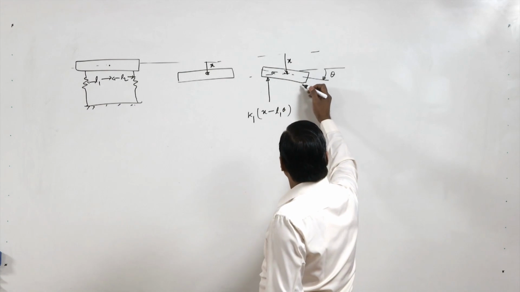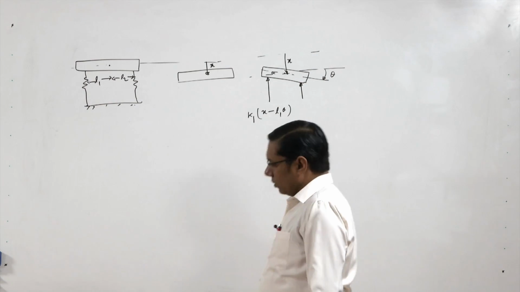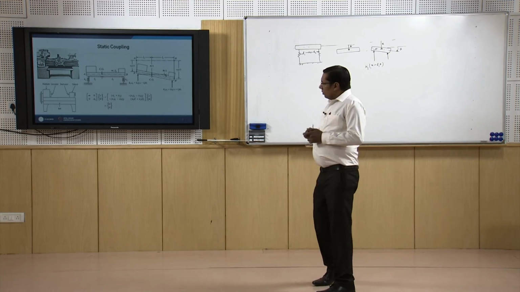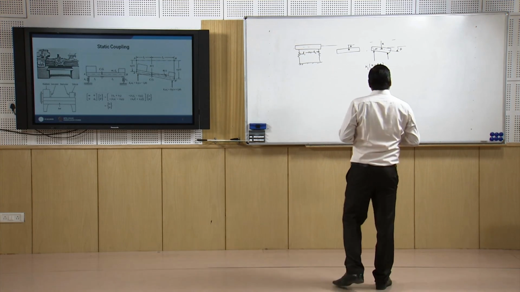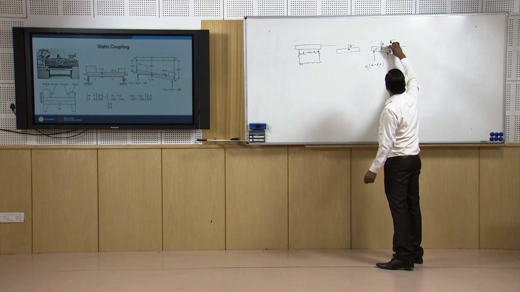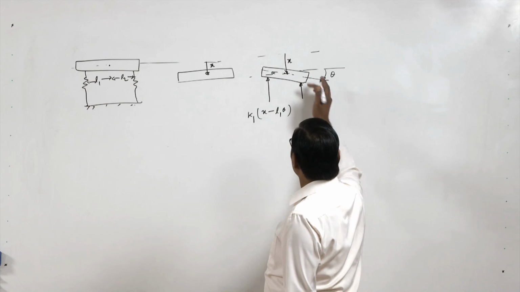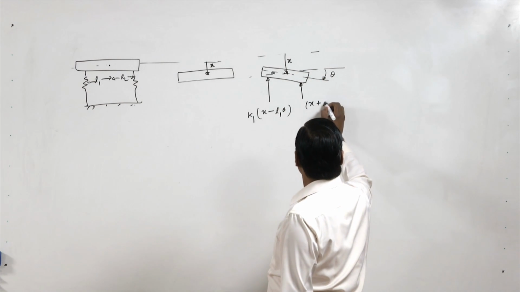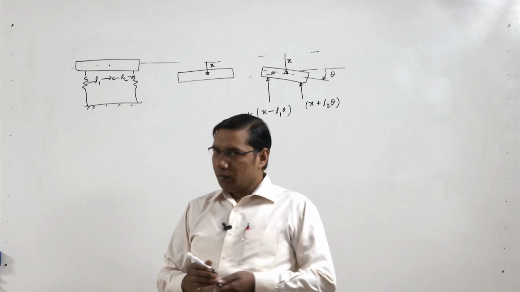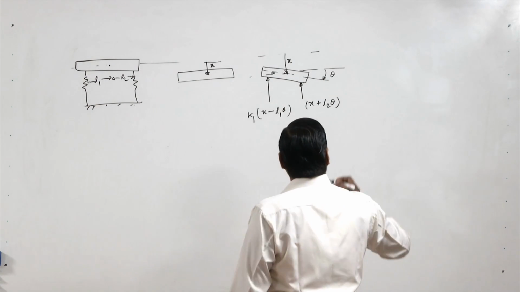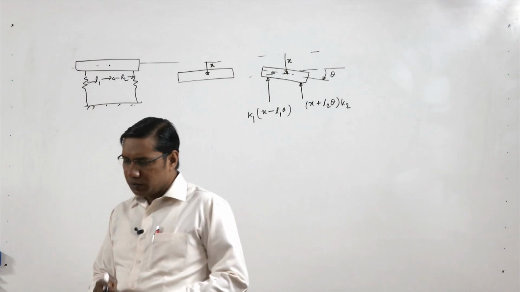Now on this spring, the net displacement is x plus L2 theta, multiplied by K2, so that is the force on this system.